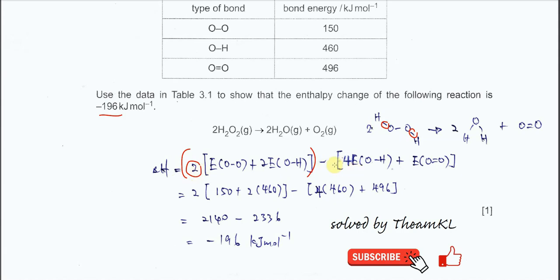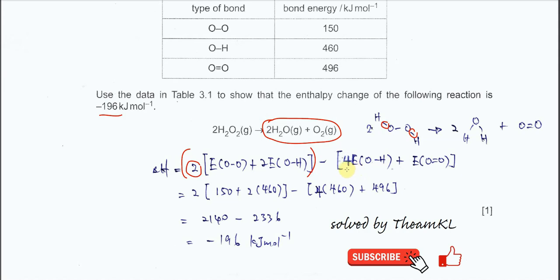The minus is actually for the products, because bond formation releases energy. The minus sign here is the energy released from bond formation. For the products, we know that it's H2O and O2. H2O has 2 O-H bonds and it's 2 moles here.